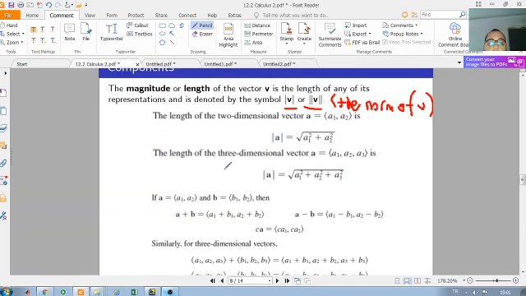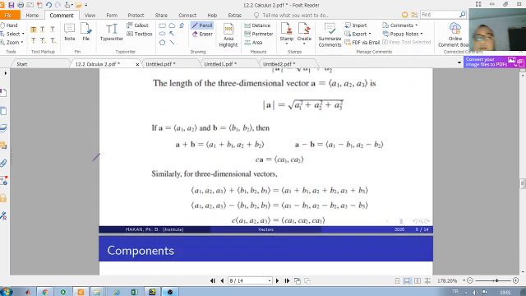Similarly, the length of a three-dimensional vector will be the square root of the addition of the squares of the components of the vector A. And algebraically, the addition and the subtraction of two vectors can be easily found by adding the corresponding components. For two dimensions, we have A1 plus B1, which is the addition of the first components, and the second component is the addition of the second components of the given vectors.